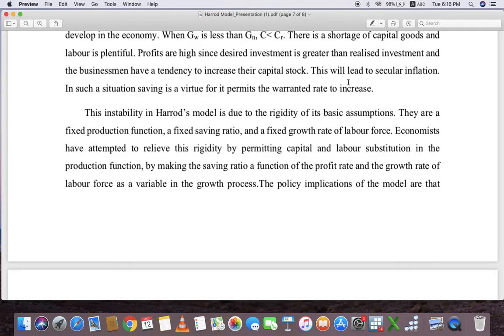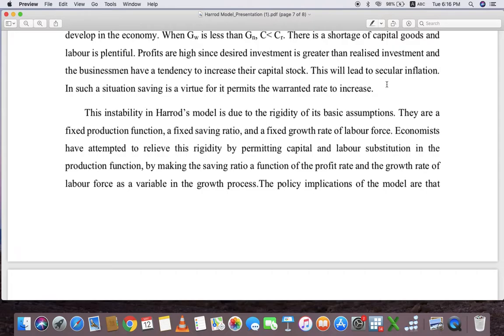So, this instability in Harrod's model is due to the rigidity of its basic assumptions. What are these rigidities? Fixed production function, fixed saving-output ratio, fixed growth rate of labor force; all these things are assumed to be fixed. Economists have attempted to relieve this rigidity by permitting capital and labor substitution in the production process, by making the saving ratio a function of the profit rate, and by treating the growth rate of labor force as a variable of the growth process.